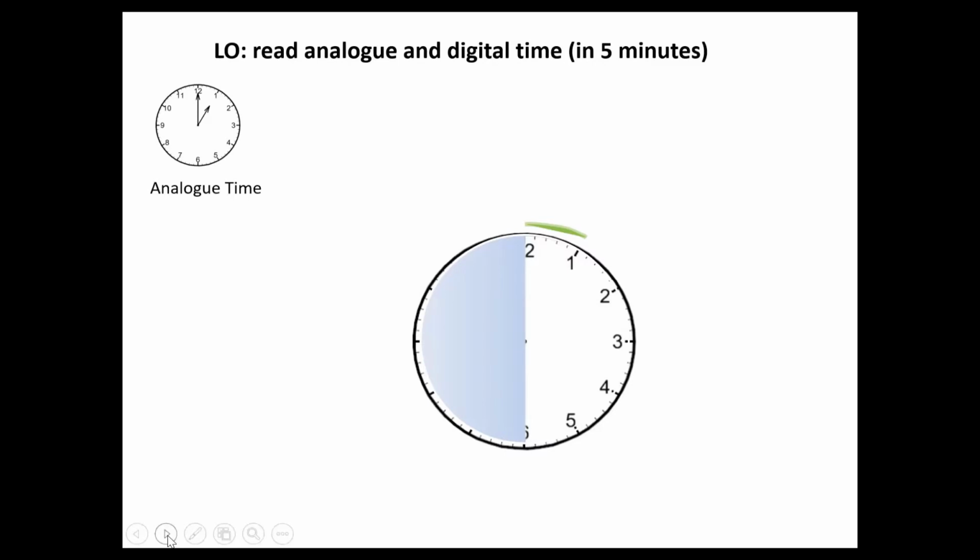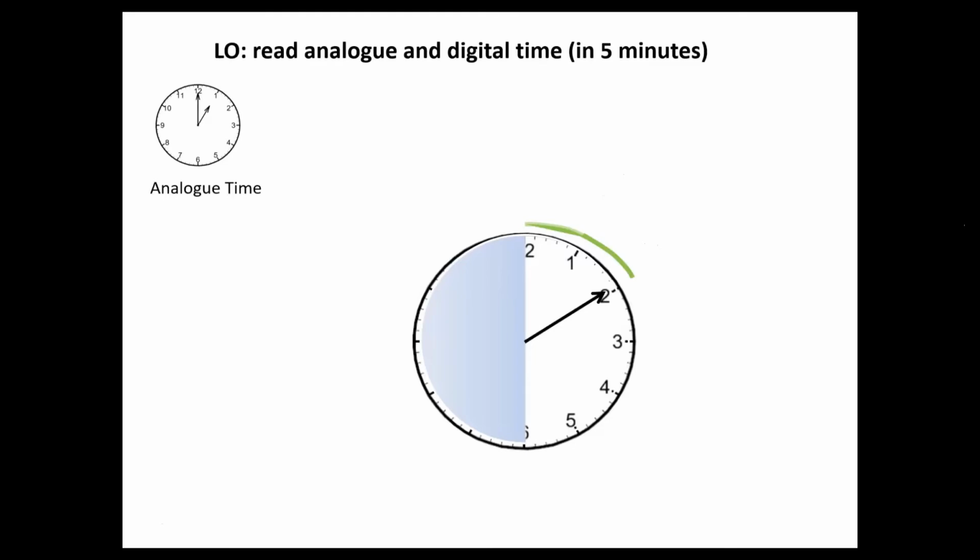Now the minute hand is moving and see where it will reach now. 5 minutes passed. Suppose the minute hand is on 2. Who will tell me how many minutes are passed? Yes, Jay, tell me how many minutes are passed now. 10 minutes.